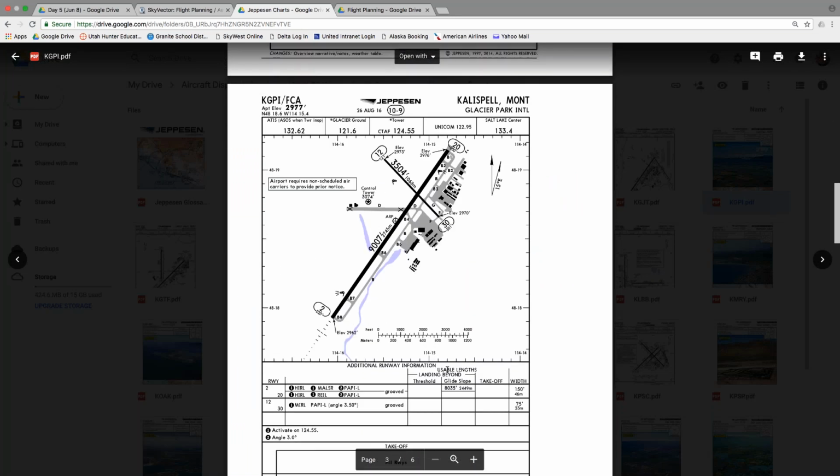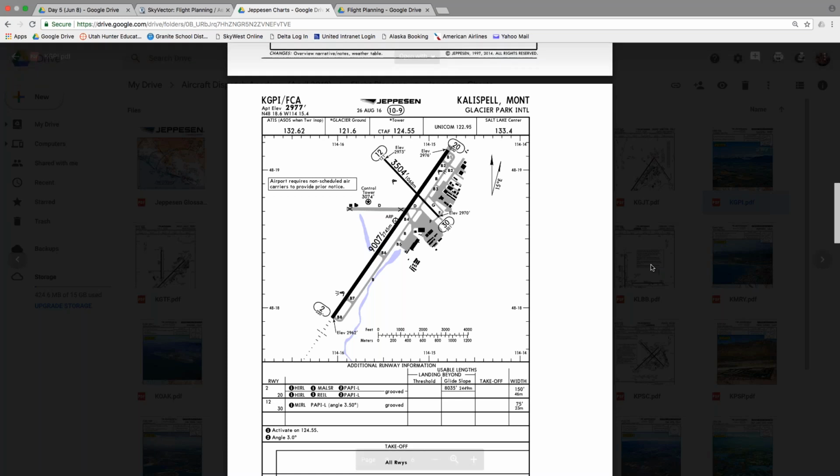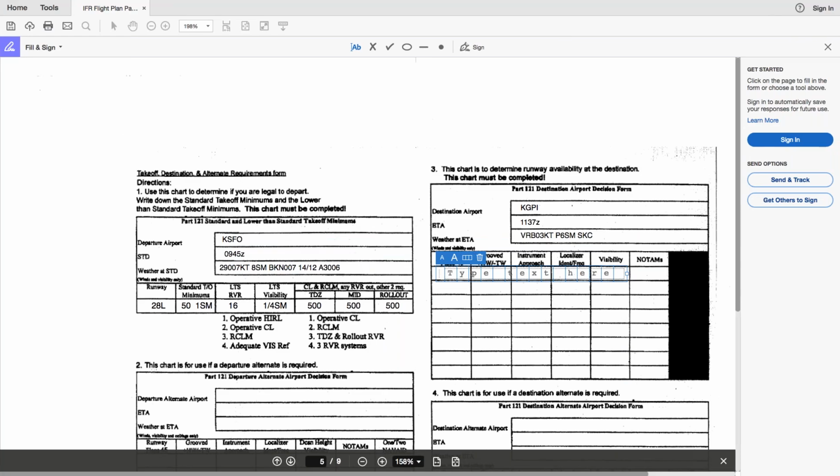What runways do we have at GPI? Yep, 2, 20, 30, and 12. What runway do you think we'd use? Probably the longer one, and 2 is an ILS and everything. 2 is probably our number 1 choice. 2 is number 1. Yep.